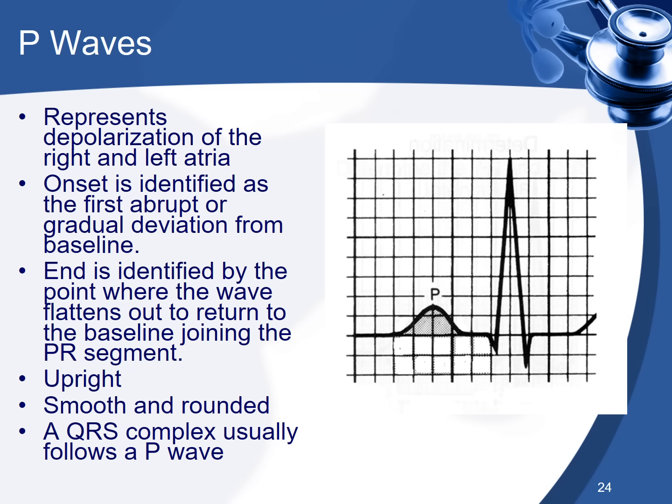And if you look on the picture that is here, you will see this is a normal looking P wave. So as soon as the descent is complete and we're back at baseline, that's the end of your P wave. It should be upright, it should be nice and smooth, and hopefully you will have a QRS to follow.